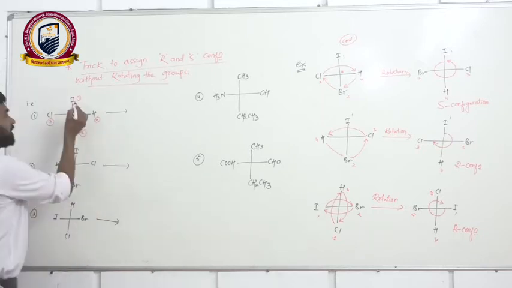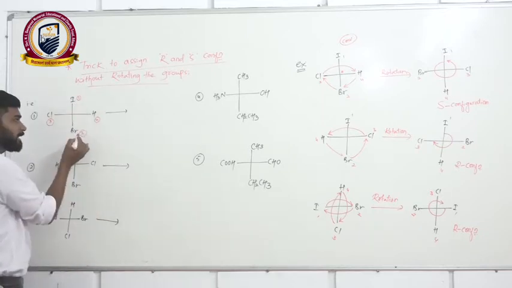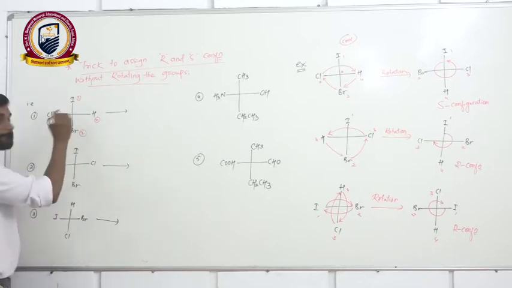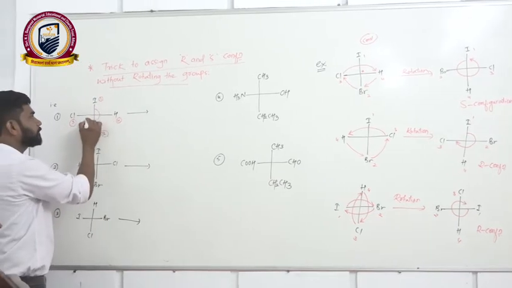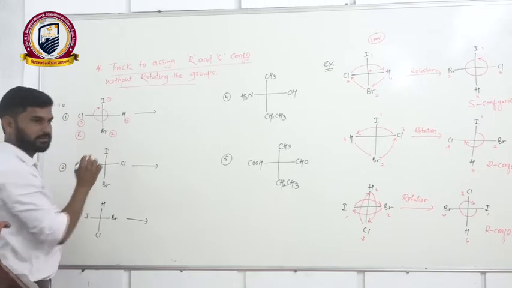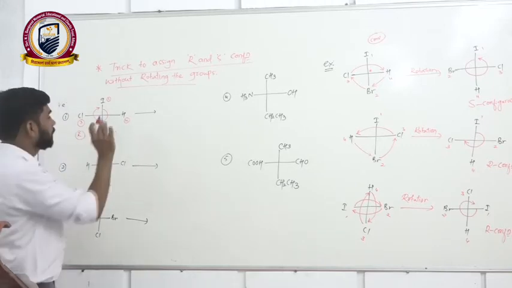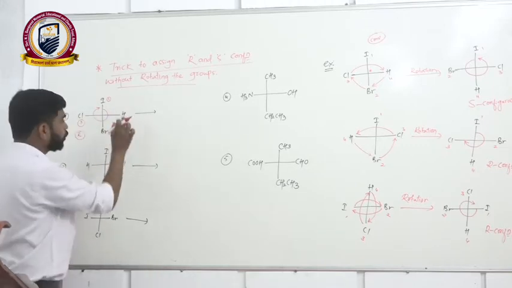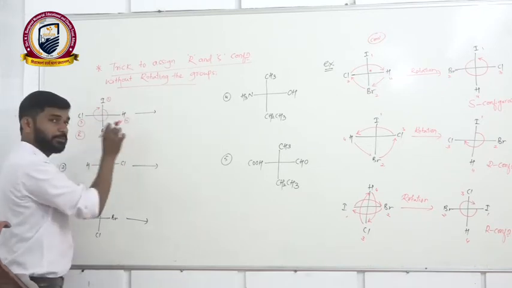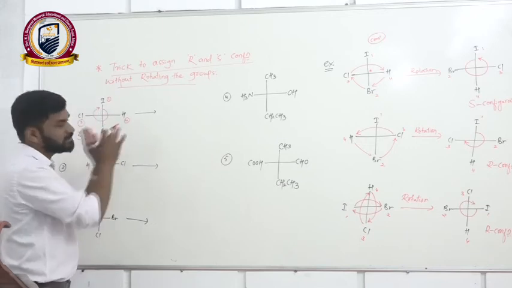If it is first priority, second priority, and third priority, the rotation will be R. Am I correct? We are not bringing the lower priority group to the bottom. We are keeping the lower priority group at its same position.